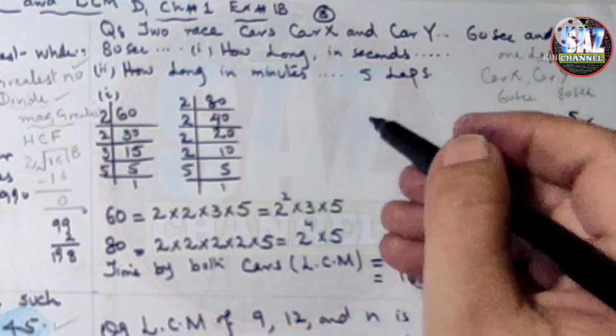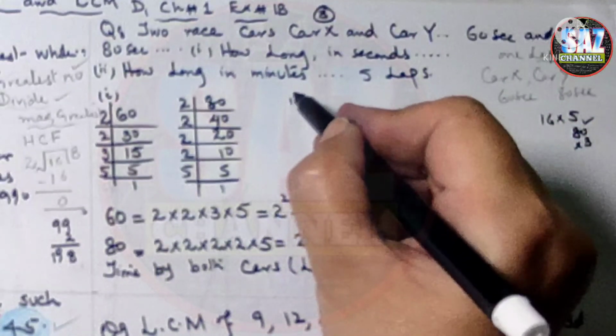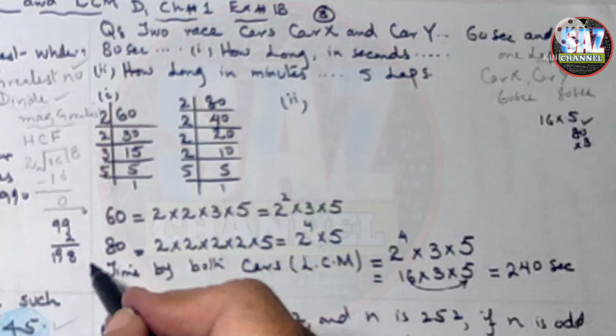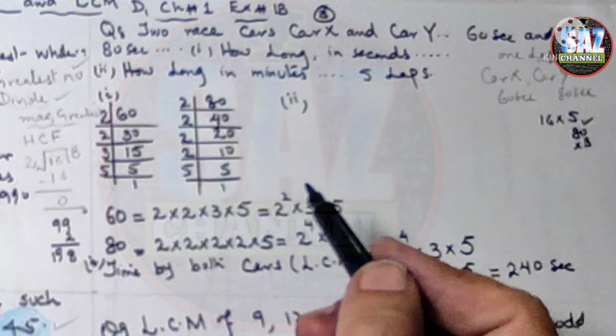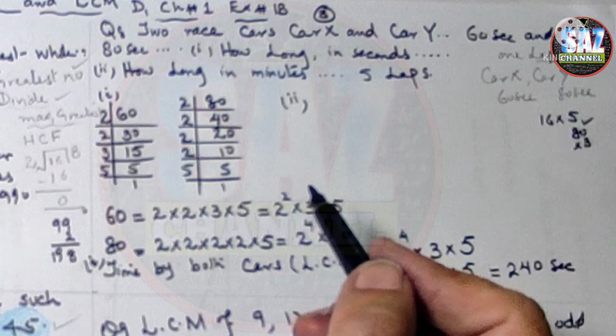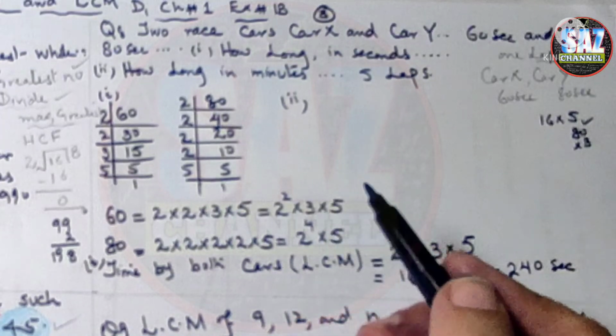And the second part says: how long in minutes will it take for the faster car to be 5 laps ahead.